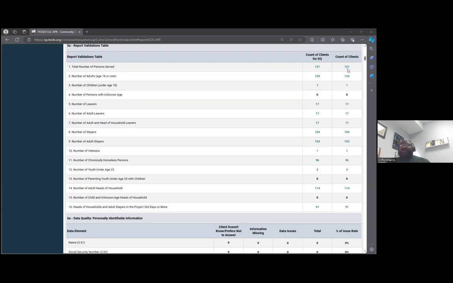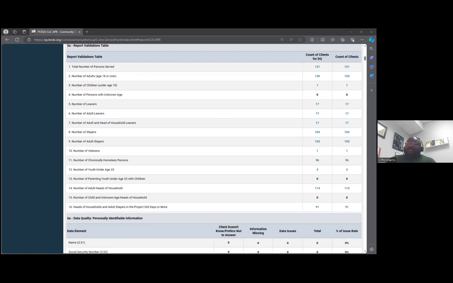Okay, so you have your total number served, and then it's going to separate the adults and children. So you have the total number of adults, total number of children, and then total persons with unknown age, if you have any. You have your number of leavers that exited the program during that reporting period, your number of stayers who are going to remain in the program over that reporting period, and if you have children in there, they're going to separate them.